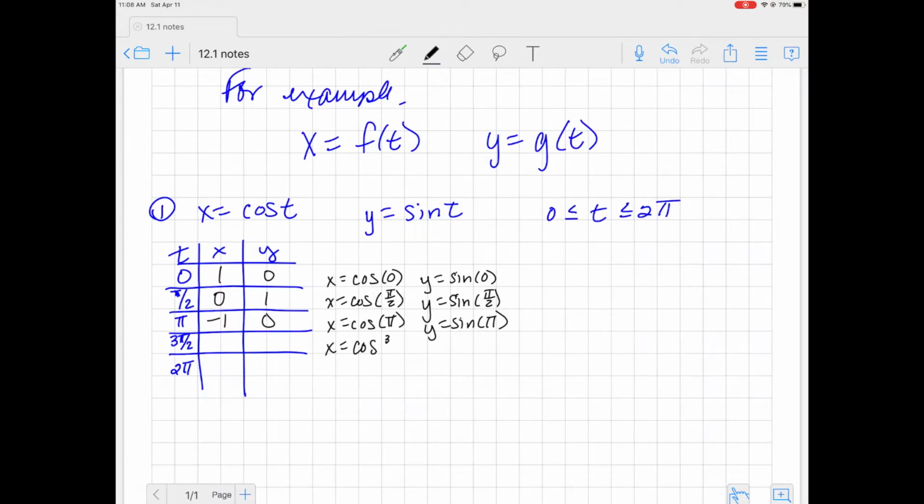The cosine of 3 pi over 2 and the sine of 3 pi over 2. So the cosine is 0 and the sine is -1. And cosine of 2 pi and the sine of 2 pi: 1 and 0. All right?